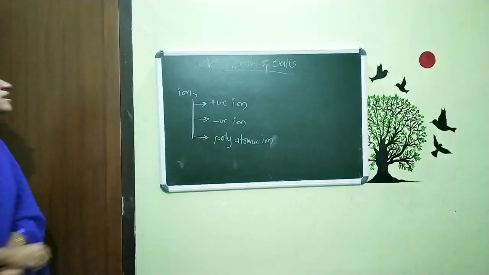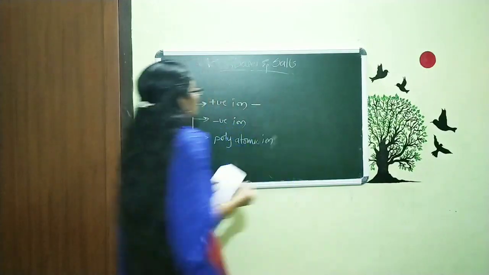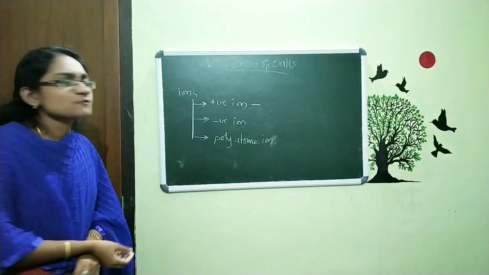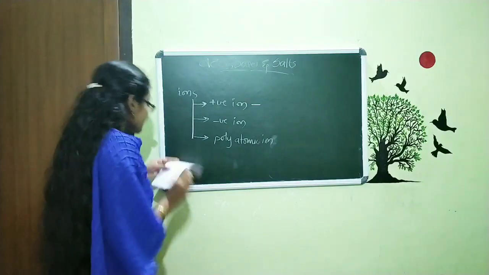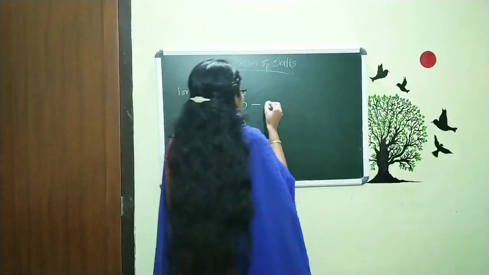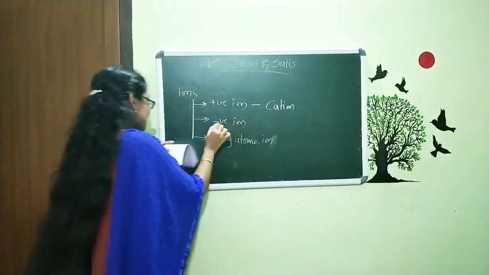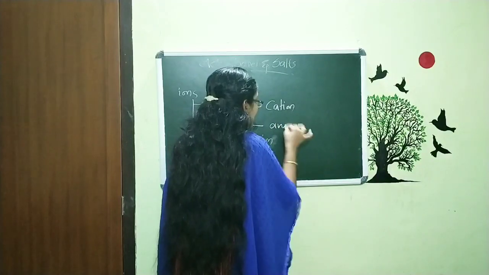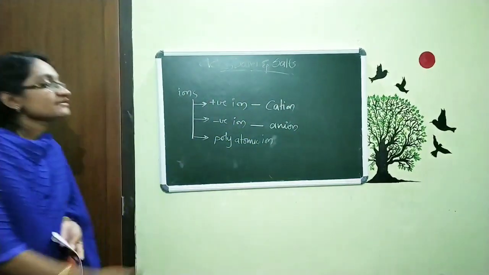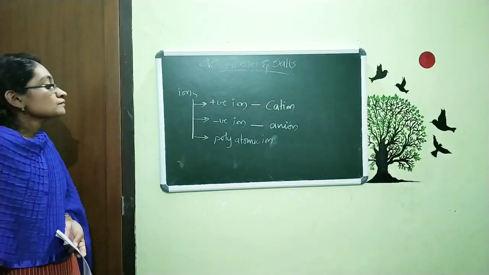Now, this positive ion, what is its name? Is it anion or cation? This positive ion is cation, and this negative ion is anion.